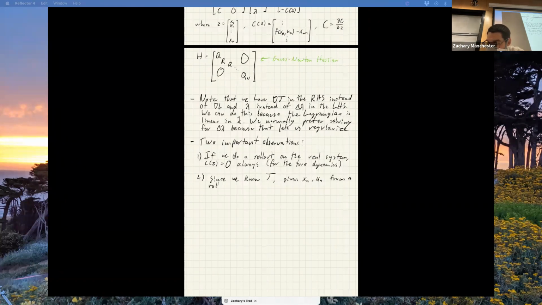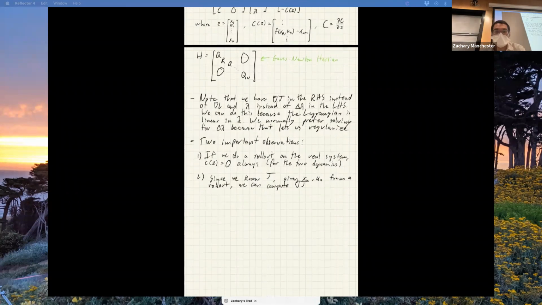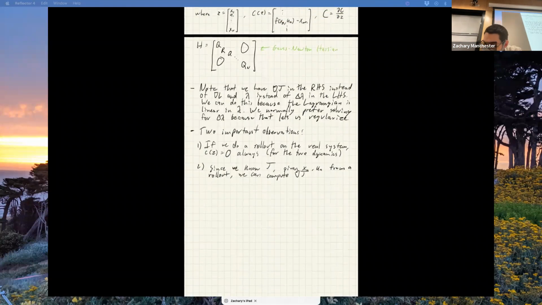So I can do the rollout, get the trajectory, plug it into the cost function, and evaluate grad J. So now I have a recipe for computing that whole right-hand side vector in the KKT system, the grad J and the C, from any rollout I do. C is always 0 by construction, and grad J I can just plug into the cost function. Cool.